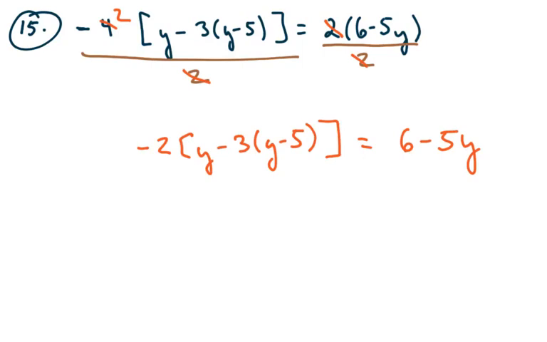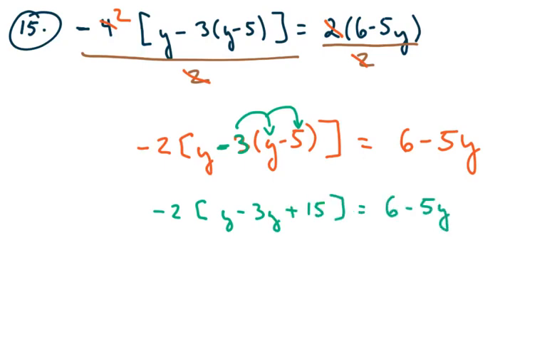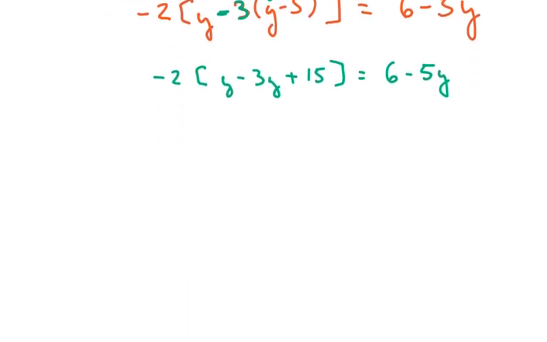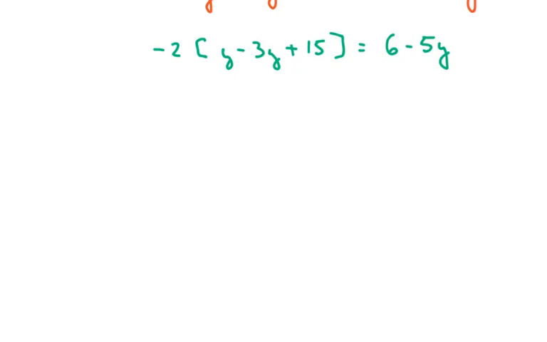Okay, so from here I'm going to distribute. Be careful again, you're distributing -3. So we have -2y minus 3y plus 15 equals 6 minus 5y. Just like with the regular equations in the previous problems, I always want to try to consolidate if I can.